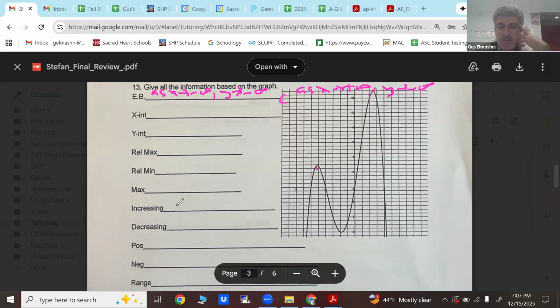Max is overall max or min overall min. Increasing is when it's rising, like it's rising from up to negative 2.5 looks like. And again, from like negative 1 to like 0.75, I think.